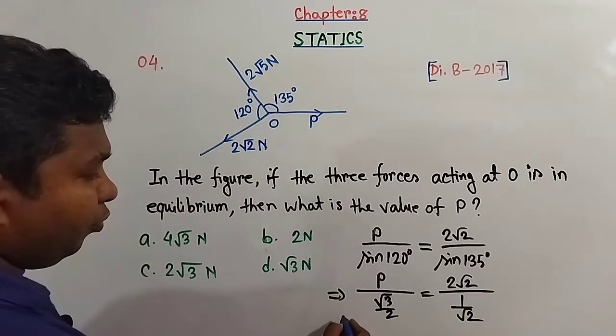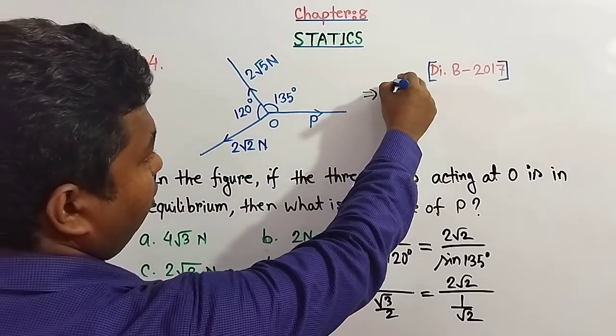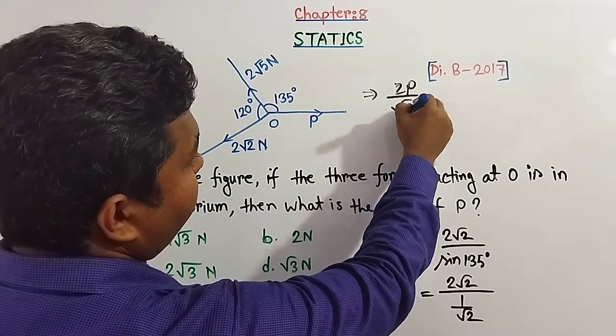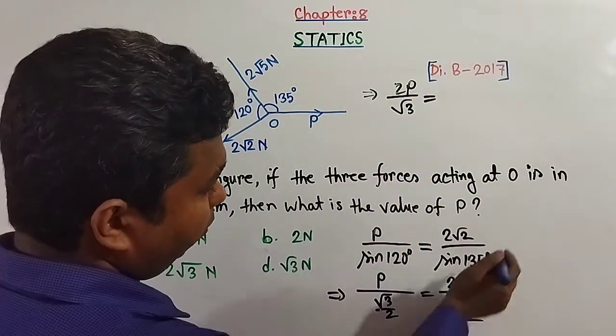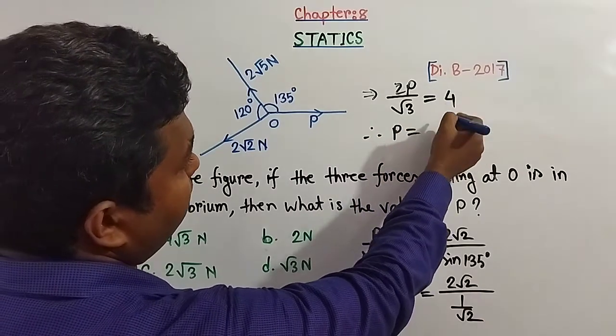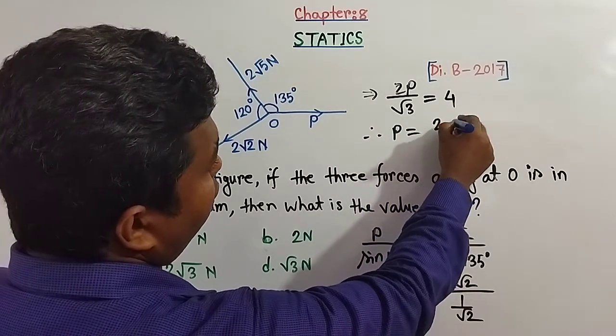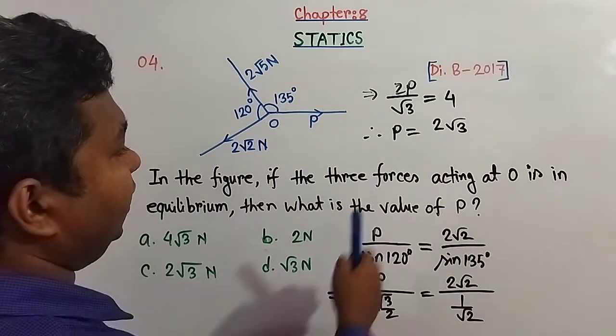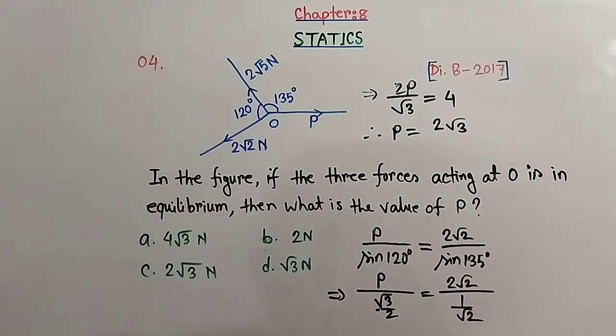Now from here it becomes 2P divided by root 3 equal to 4. Therefore P equal to 2 root 3. So the value of P is 2 root 3 Newton, and our required answer is option C, that is 2 root 3 Newton.